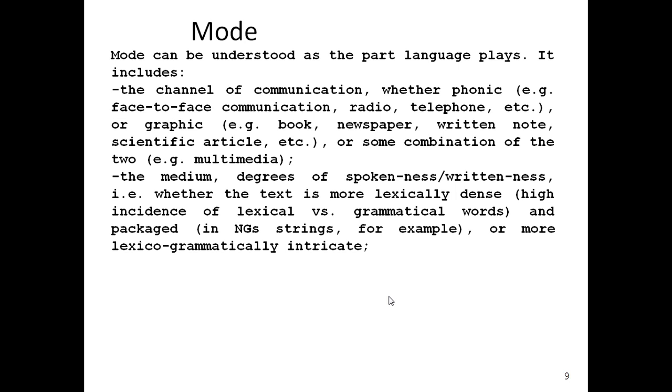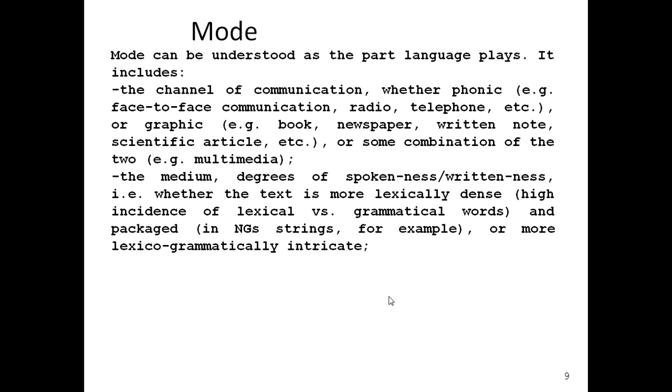But for example, you may find mixtures of writtenness and spokenness also in more traditional kinds of communication, like for example the news on TV. You know, the news on TV, there's an anchorman or an anchorwoman that we see on the screen, and she or he is speaking when we watch the news.